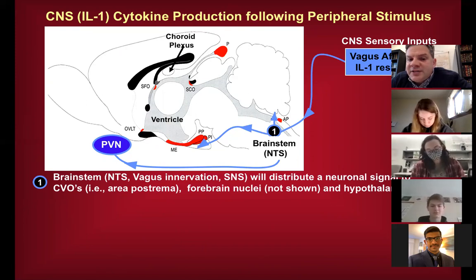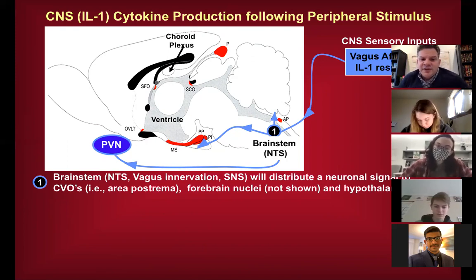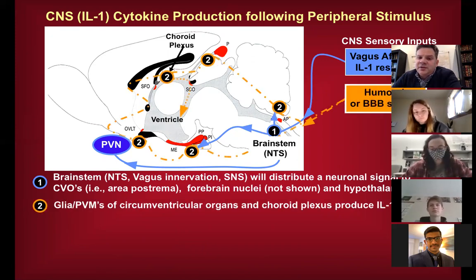From the brainstem, that signal goes to the paraventricular nucleus of the hypothalamus, and that's going to be one of the areas important for thermoregulation. So the vagus is going to go to a couple of different areas, and this is really going to be the start of that signal. It's going to happen relatively fast.